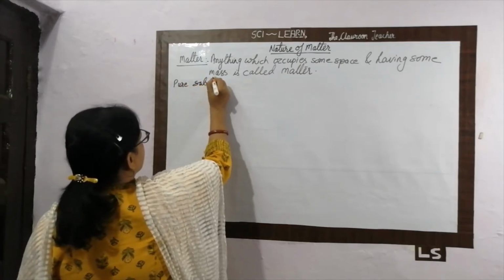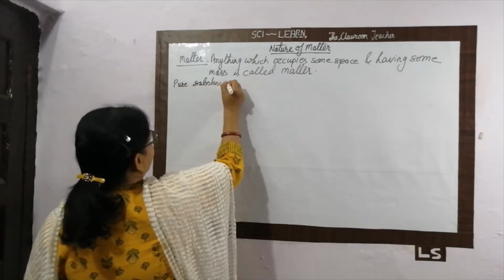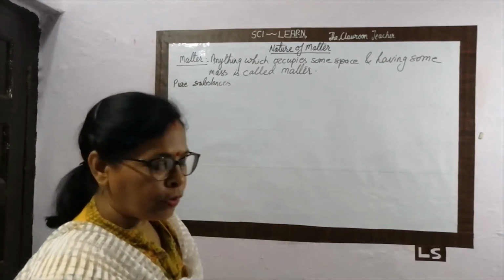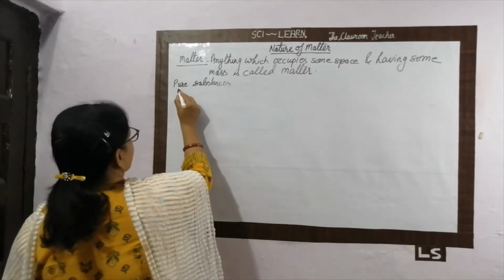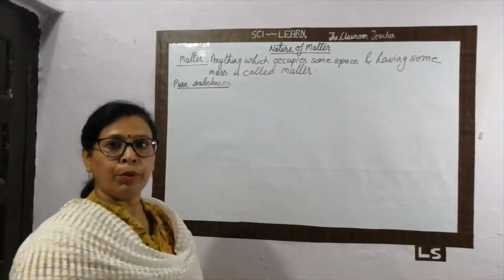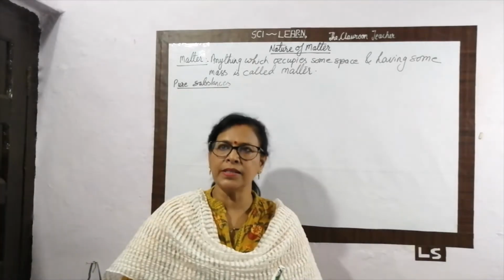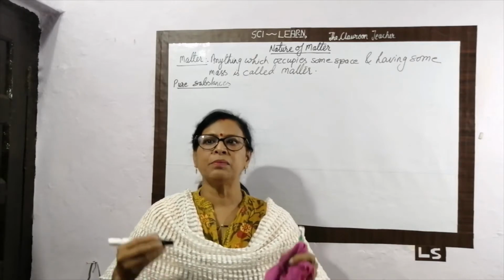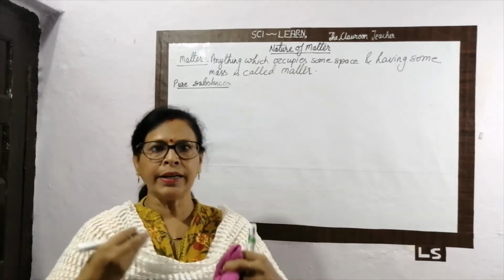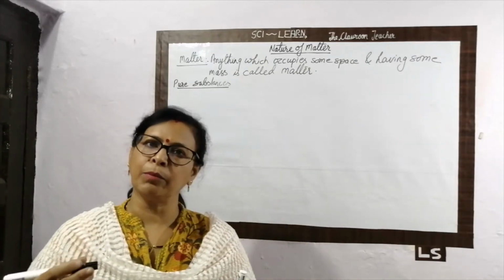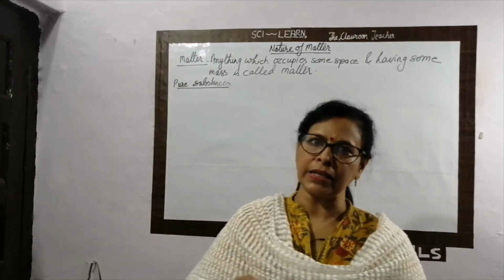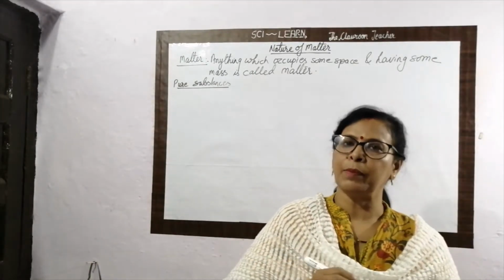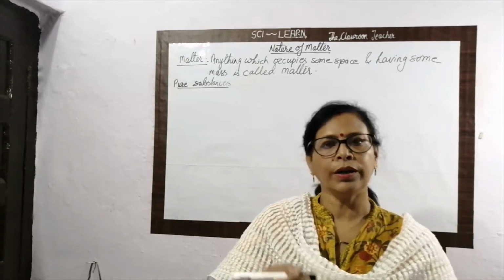Pure substances. Now, what is a pure substance? A pure substance is one which is made up of only one kind of particle, and these particles may be atoms or molecules.